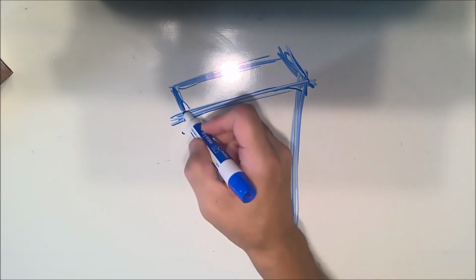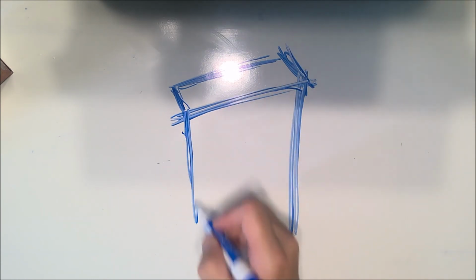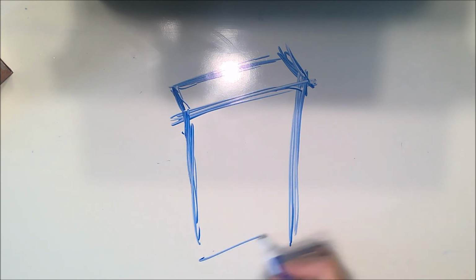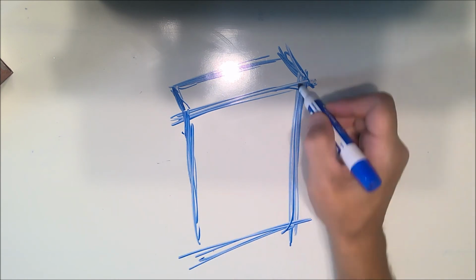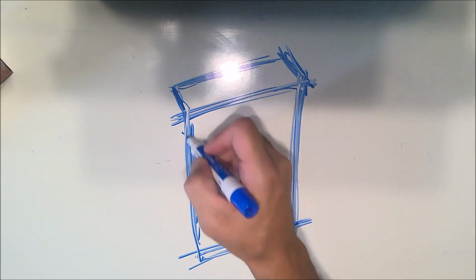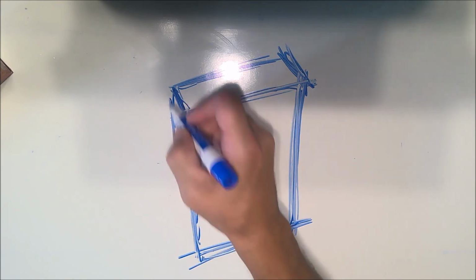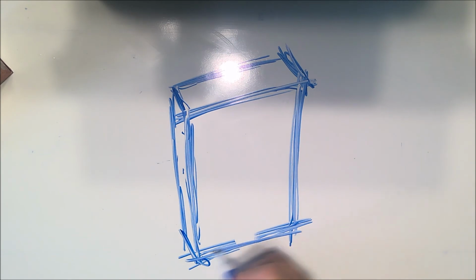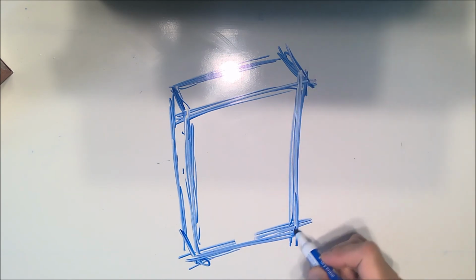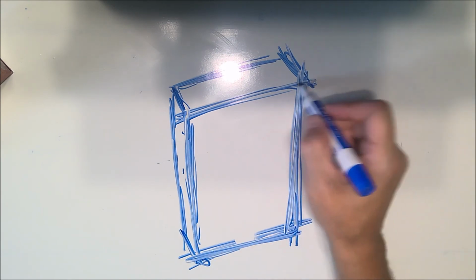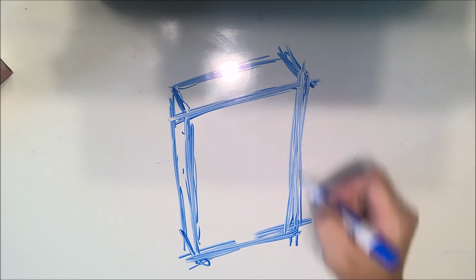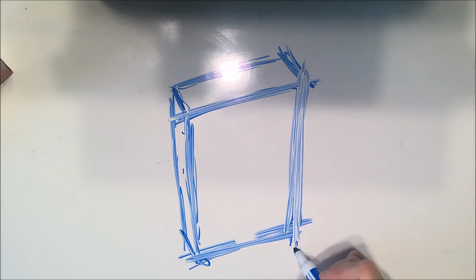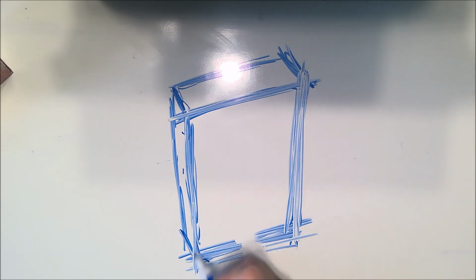Now, one of the things I'm doing is seeing how my height relates to my width. Okay. And what's nice about gesture is if you're feeling like, okay, I need to go a little bit longer, a little bit wider, then you just do that, right?